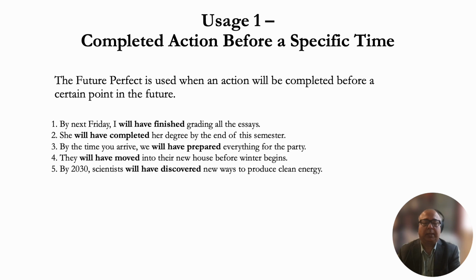By next Friday, I will have finished grading all the essays. 2, she will have completed her degree by the end of this semester. 3, by the time you arrive, we will have prepared everything for the party. So when will we have prepared everything for the party? By the time you arrive. Okay? Great.